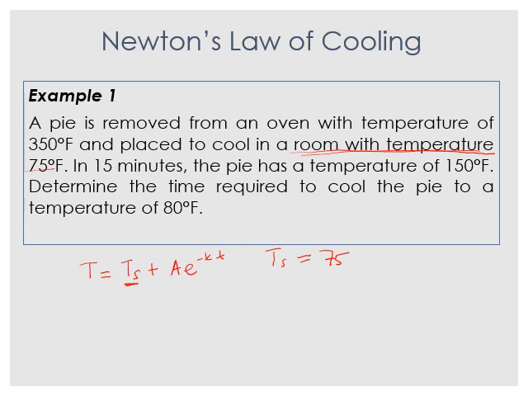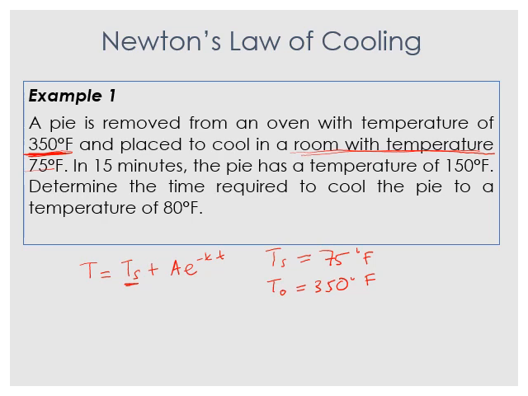Temperature of the body at t equals 0, meaning we count it from when the pie is removed from the oven. So this is the initial temperature, T naught, which is equal to 350 degrees Fahrenheit.